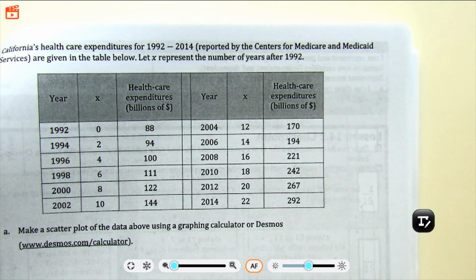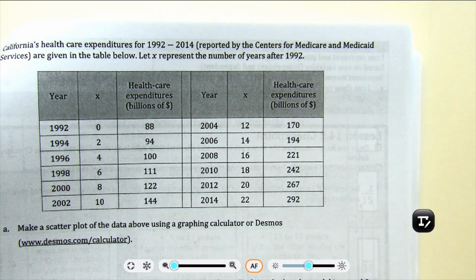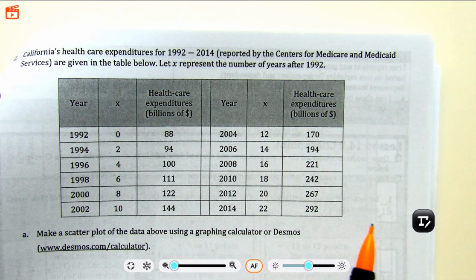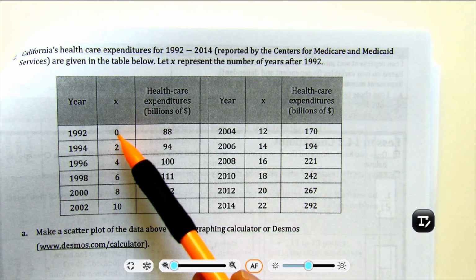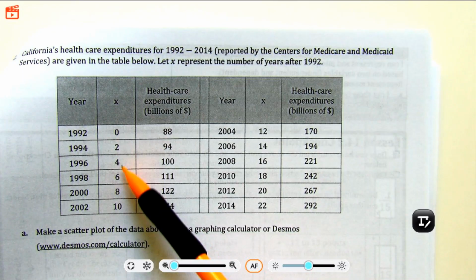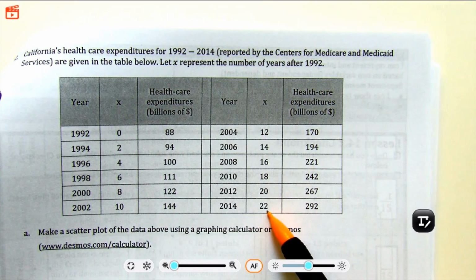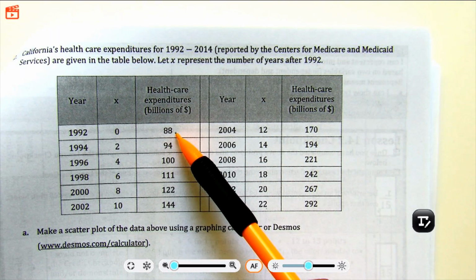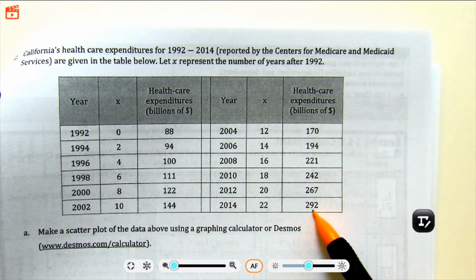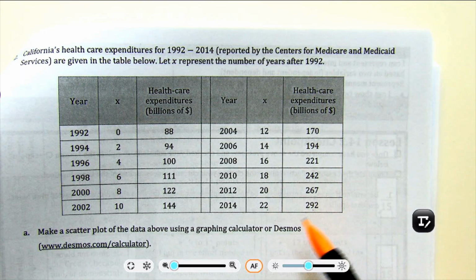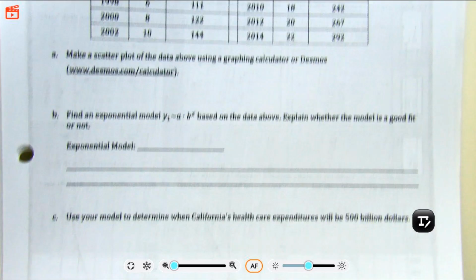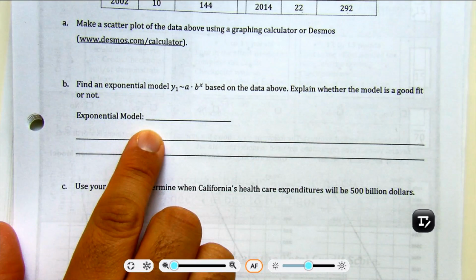And then for question number 2, this is the table that we're going to create. So your x's are going to be here from 0 all the way to 22. And then these are going to be our y's. So 88 through 292. You're going to make that scatter plot on Desmos. And then you're going to find out the parameters for the exponential model.